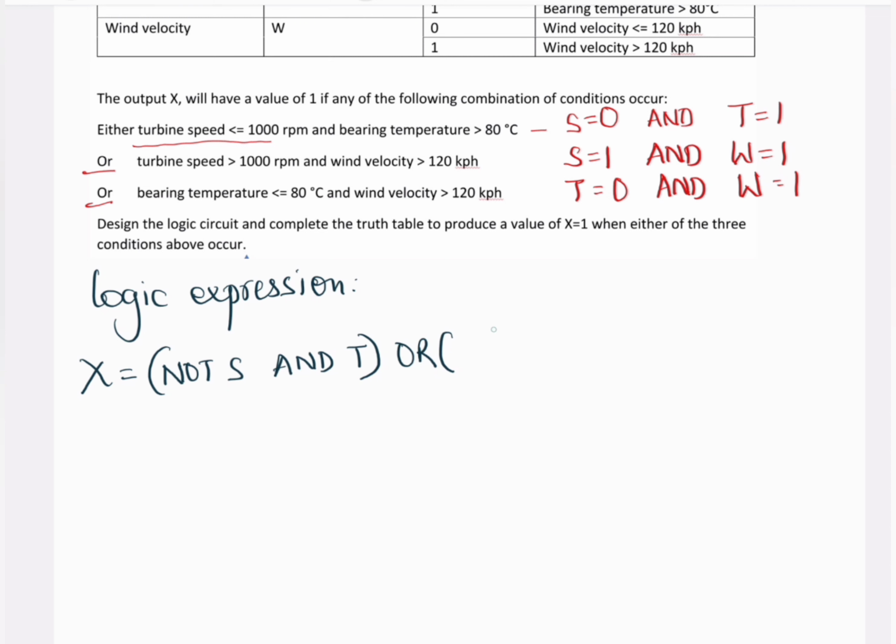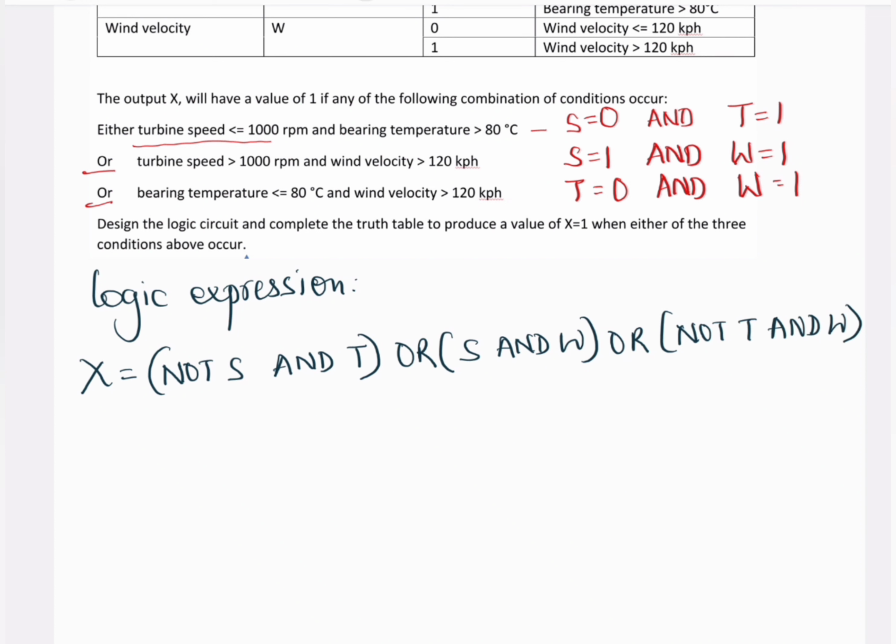So OR, next, S is equal to 1, so it's S and W. Another combination, so OR, T is equal to 0, so that means not T and W. If you notice clearly, the variables inside one particular expression are combined using the AND and then the different conditions are combined using the OR.